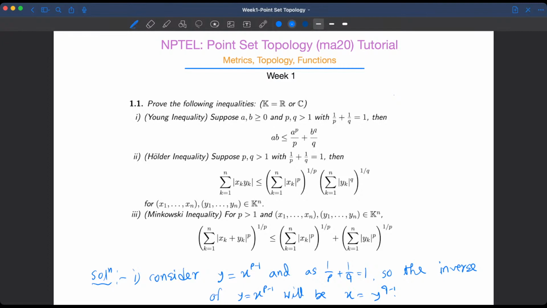Okay, for n equal to 1, it is just the same thing, right? It is just equality, because for n equal to 1, it is just x^k to the power 1 over p, so that is just x^k, and this is just y^k. But induction will be like, can't you do it directly?